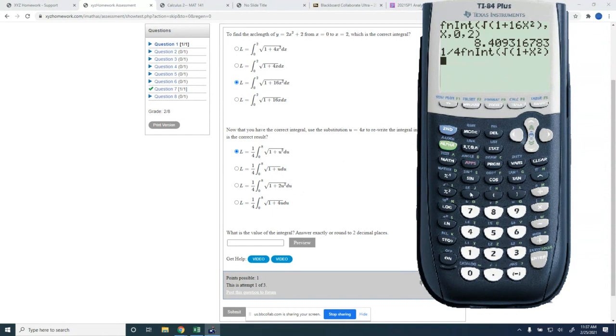I'm going to close off my square root. X is the variable of integration from 0 to 8. Right, and notice we get the exact same value, 8.41.